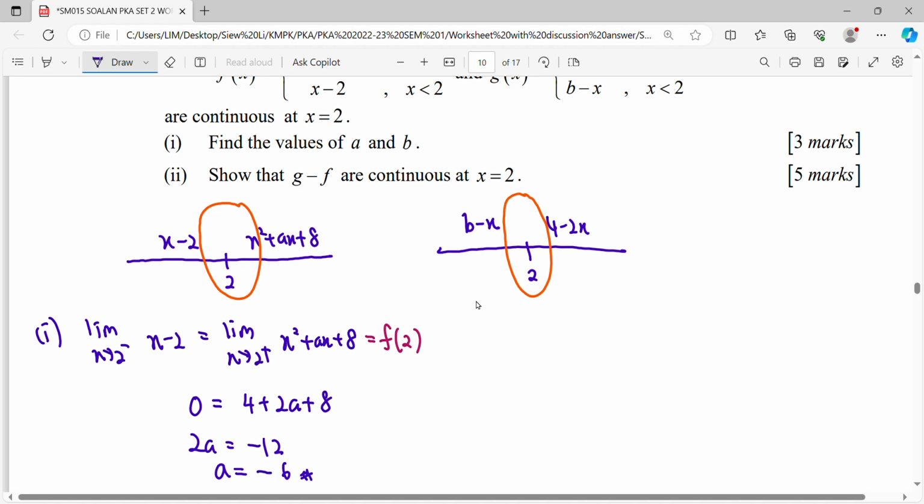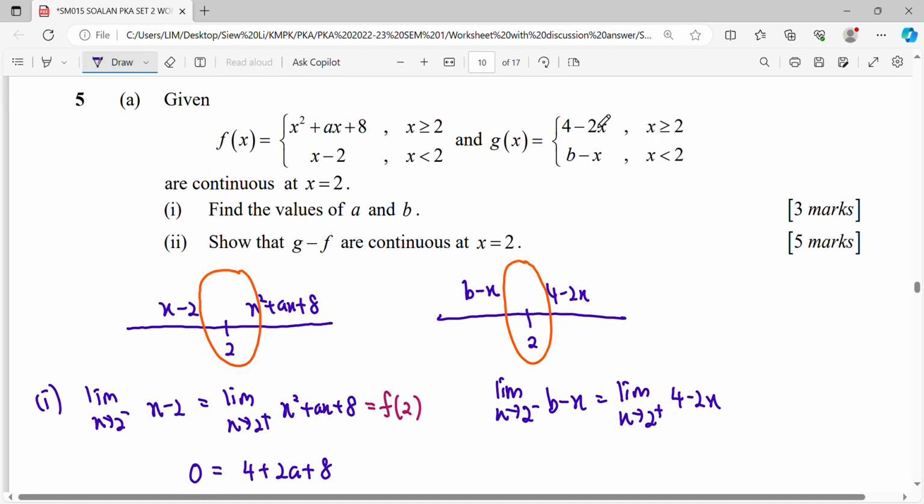Then for function g, to make sure it is continuous at x equals 2, with the continuity condition also, we do the limit from the left hand side equals the limit from the right hand side. And it must equal the point g(2).